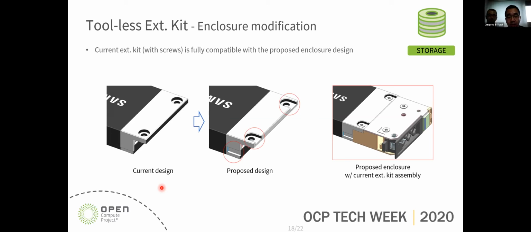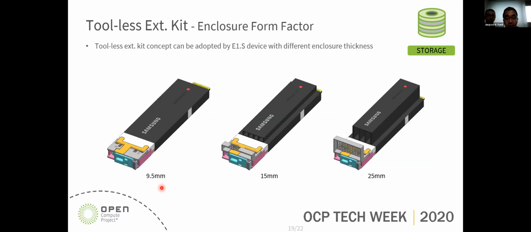Okay, I think that's a good idea. So we will share our design step file first to the community storage project, and let's discuss our toolless design for the E1.S SSD. The strength of this toolless design is that it's not only for the 9.5 millimeter thickness, but it's adaptable to 15 millimeter and 25 millimeter because they share the same extension kit design.